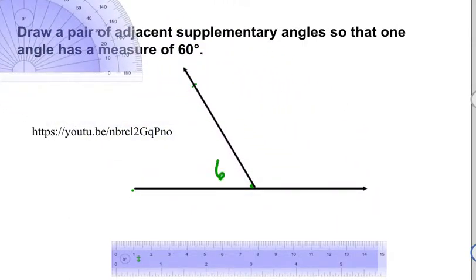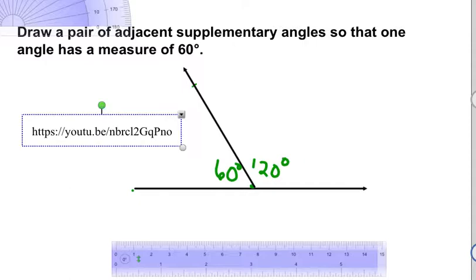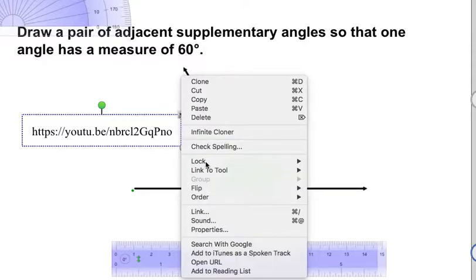I have a 60-degree angle. What's the other angle going to have to be? How much? 120. Good. And these two angles are now supplementary.